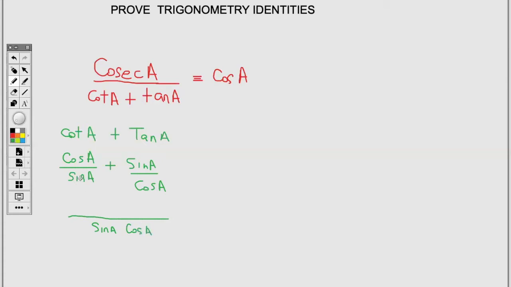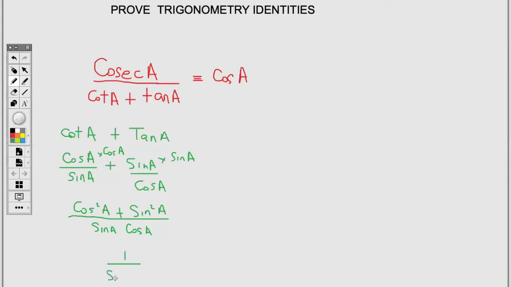Now, just like when you have fractions, you say sine A into the denominator, the sine A cancels, so we're left with just cos A. So we multiply cos A by the cos A in the numerator that we have here, and it gives us cos square A. Plus cos A in the denominator, the cos A cancels, so we're left with sine A, and sine A multiplied by sine A gives us sine square A. Now the identity is that cos square A plus sine square A is 1.